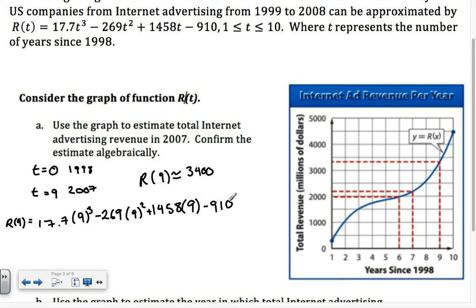And so we evaluate everything. I cube the 9, I square the 9, I multiply everything out. So 17.7 times 9 cubed minus 269 times 9 squared plus 1,458 times 9 minus 910 is, when I actually get the real number, 3,326.3.